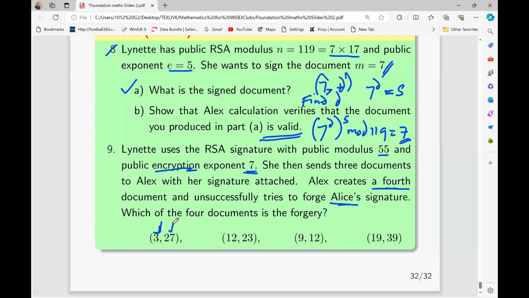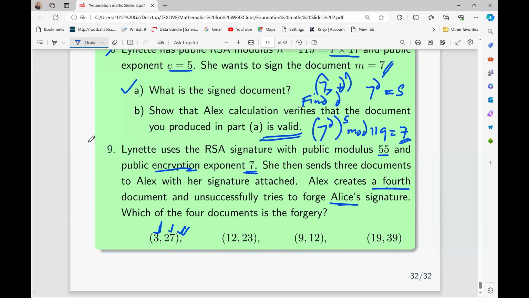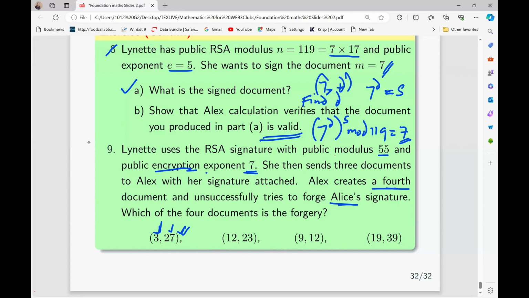Let me just show you whether this first part is a forgery or correct, and then you show the rest. Now, how do I show that? This is my E, 7.